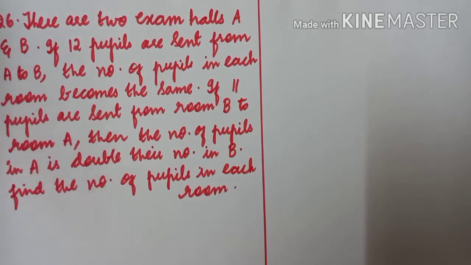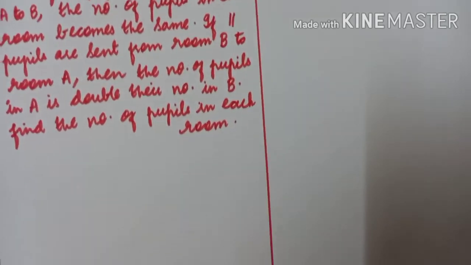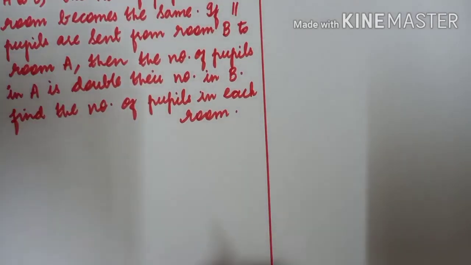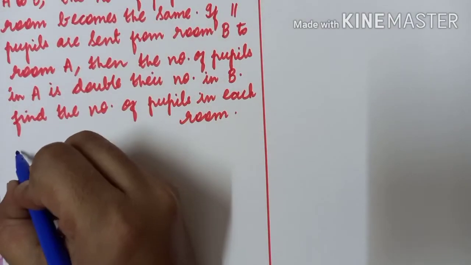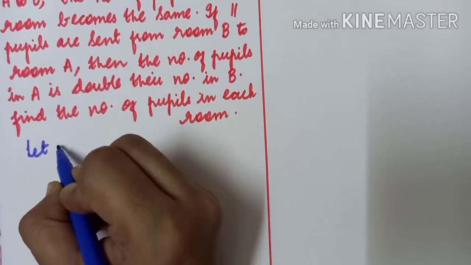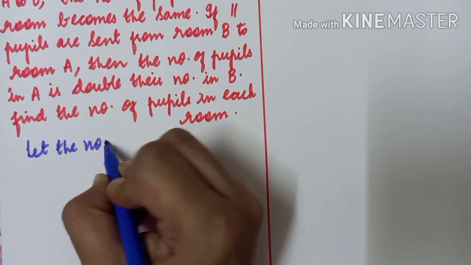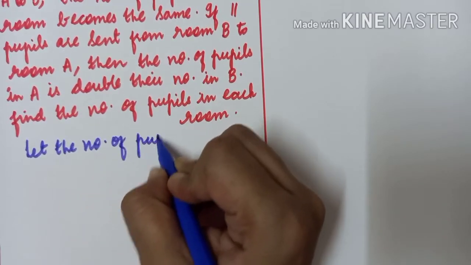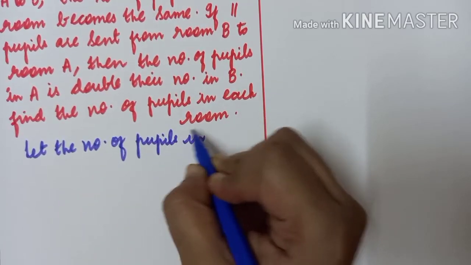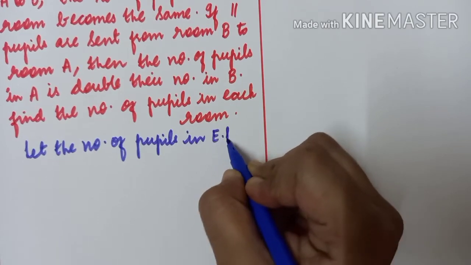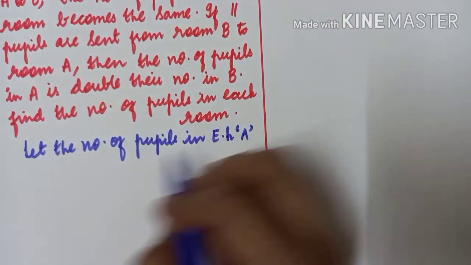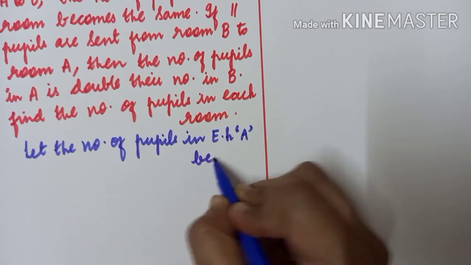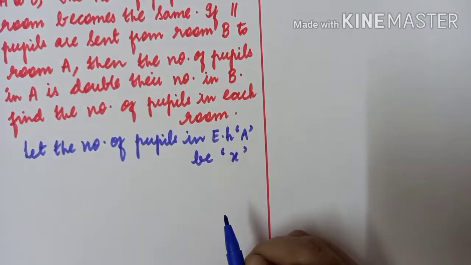First of all, the first step we will do this one. So let the number of pupils in exam hall A, which we don't know, be assumed as x.